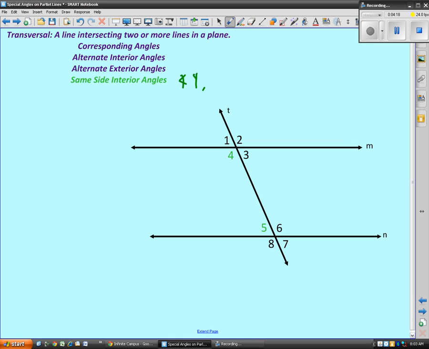There's a special relationship that is different than all the other ones that deal with same side interior angles, and we will be talking about this in class. Can you name the other pair of same side interior angles? If you said angle 3 and angle 6, then you have correctly identified the other same side interior angles.